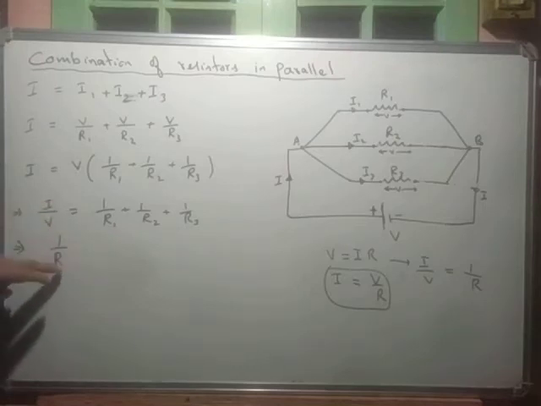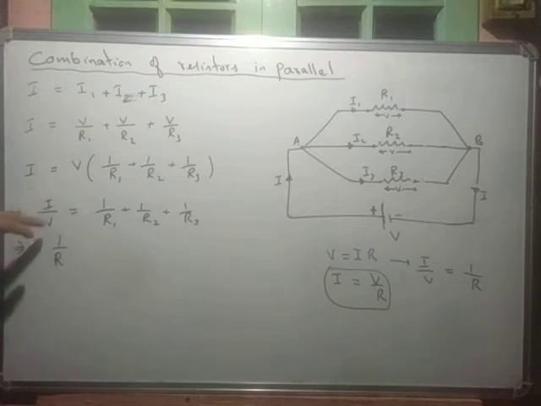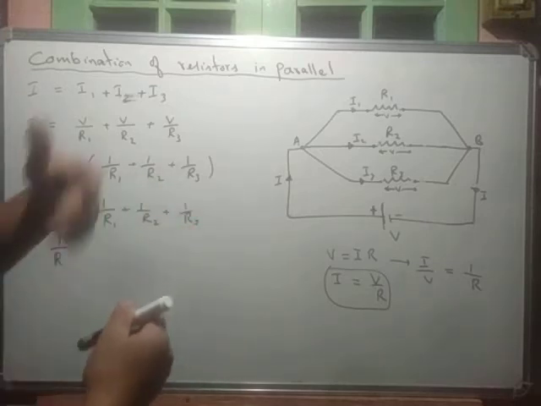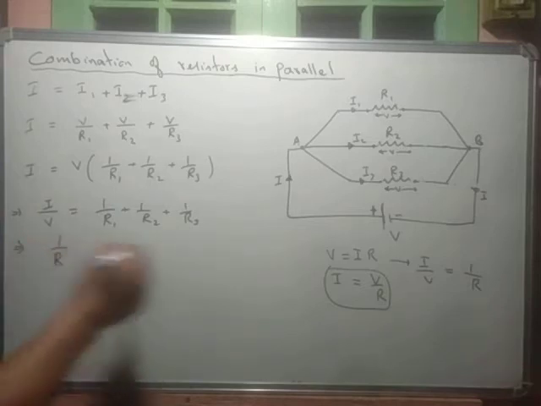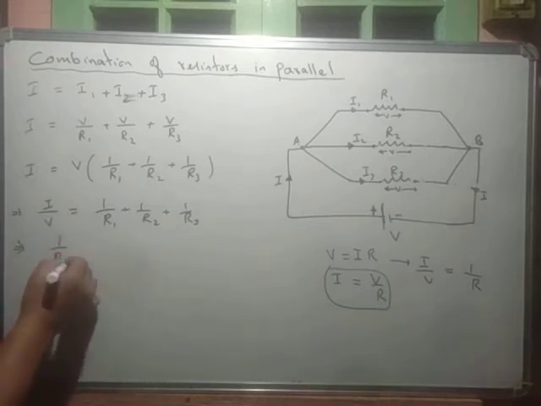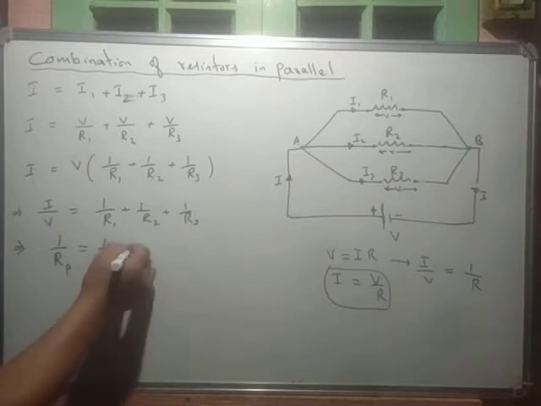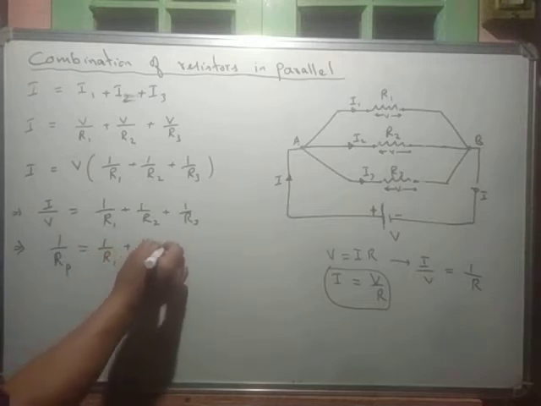So when you substitute this I upon V, the total resistance can be written in the form 1 upon Rp. The subscript P stands for parallel. Therefore, 1 upon Rp equals 1 upon R1 plus 1 upon R2 plus 1 upon R3.